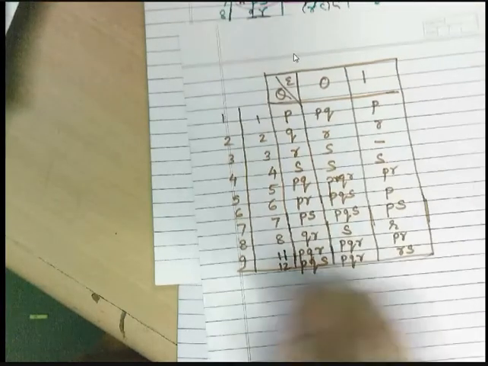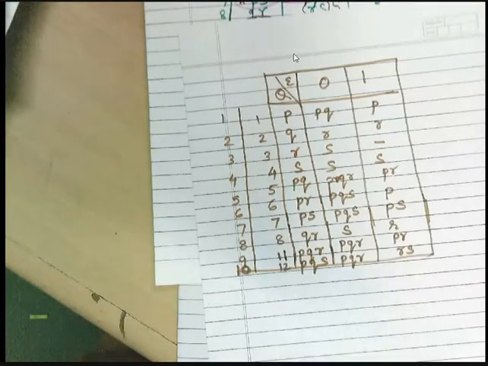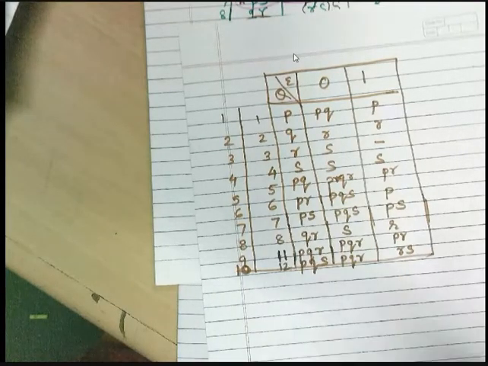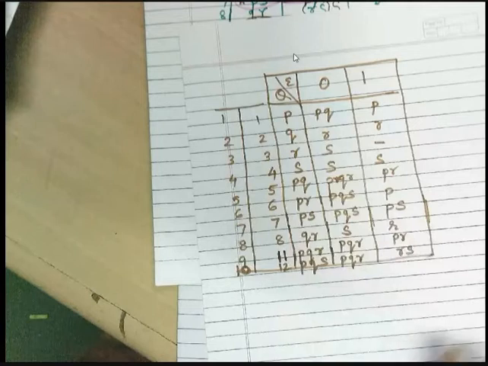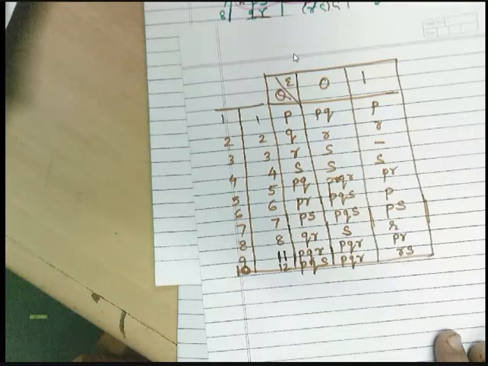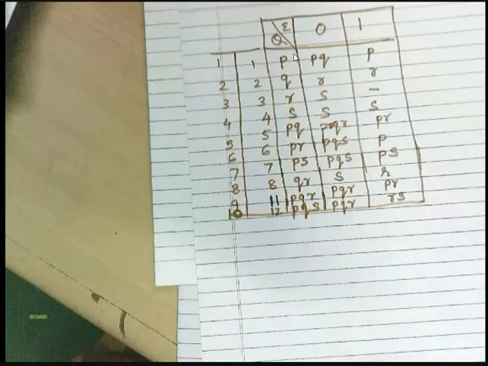So total 10 states you got, right? And these are the original numbers. Okay. Now we are trying to draw the states from this. Anywhere again you are finding any equivalence, just check once again.